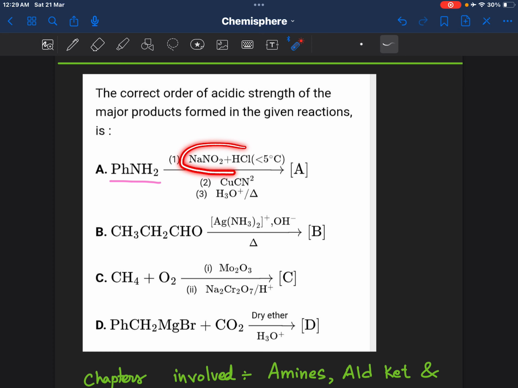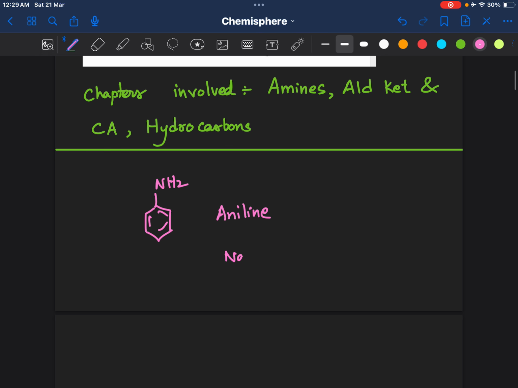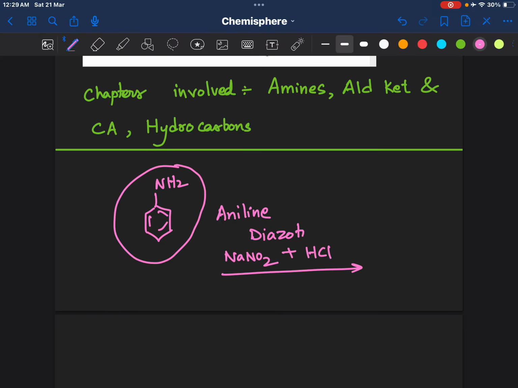These reagents are used whenever we have to do diazotization. So NaNO2 plus HCl will convert this primary aromatic amine into a diazonium salt. That process is known as diazotization.